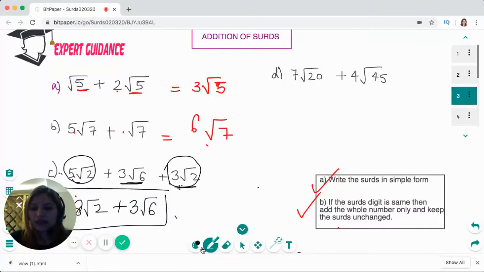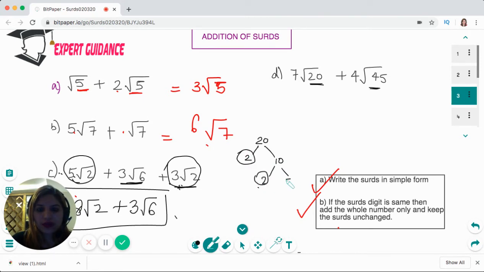Okay, now let us look at another example, which is 7 root 20 plus 4 root 45. Now here root 20 and root 45 are not in the simple form. So let's first simplify the surds. If you remember from the prime factor video, 20 can be written as 2 times 10, where 2 is a prime factor. 10 can be written as 2 times 5.